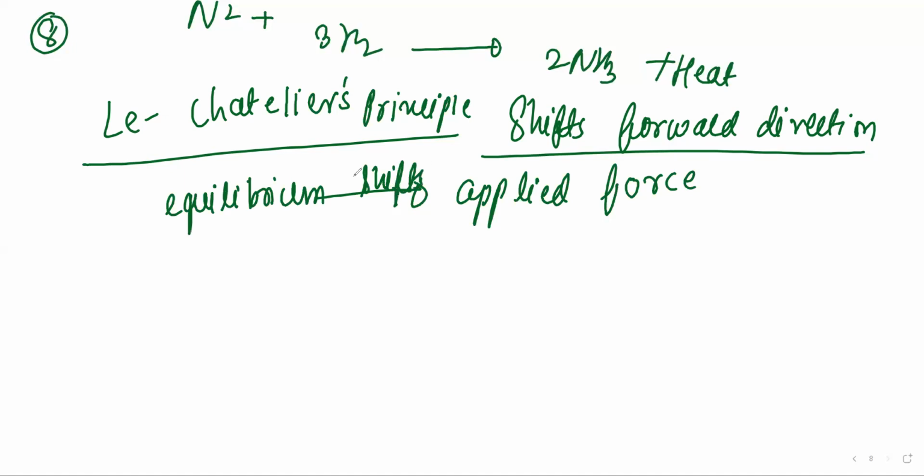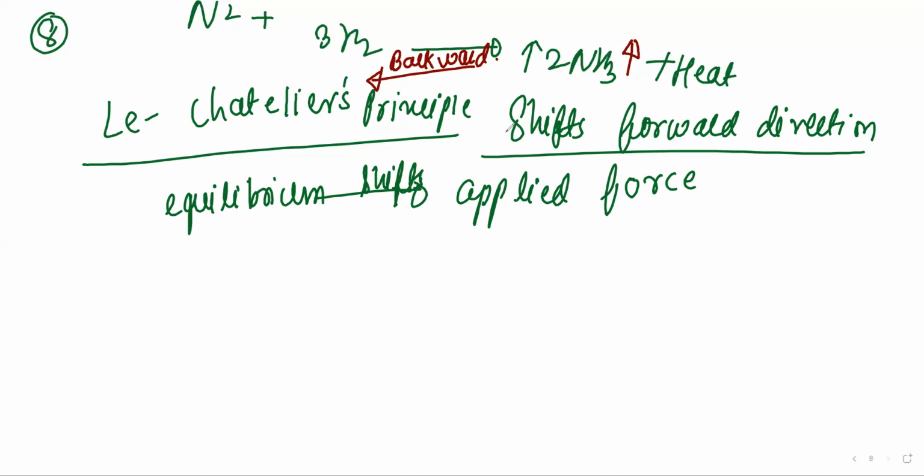So if the concentration of ammonia increases, the equilibrium shifts in the backward direction to oppose the increase in concentration. When we increase the product concentration, it will shift towards the back side, so the backward reaction is favored. The side with more gaseous molecules also favors the backward direction.